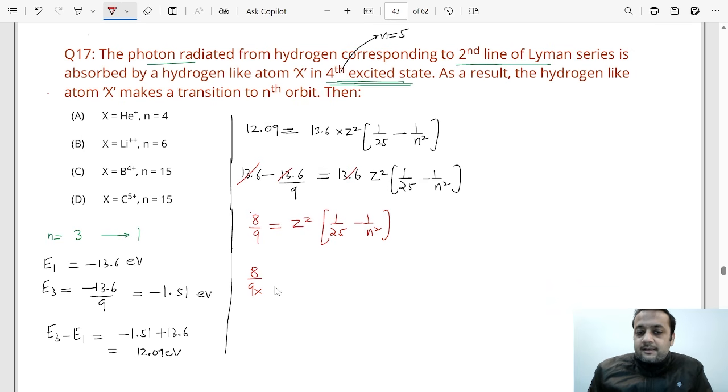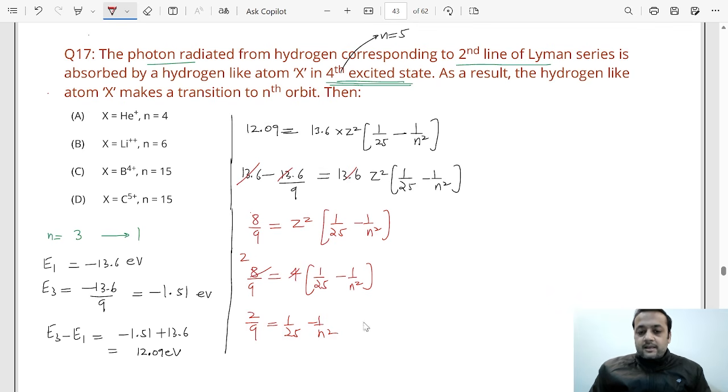So 8 by 9 equals 4 into (1 by 25 minus 1 by n square). 4 and 4 cancel, so 2 by 9 equals 1 by 25 minus 1 by n square, which means 1 by n square will be 1 by 25 minus 2 by 9. If you think carefully, this is a negative value.